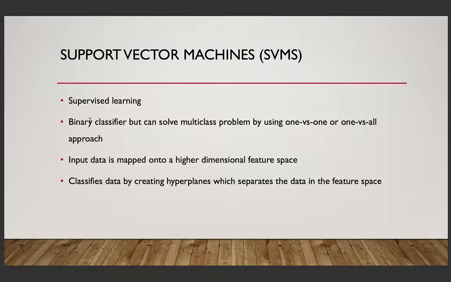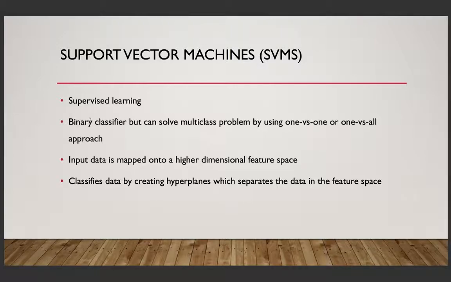The one versus one approach states that for every pair of classes present in our system, we need to generate a classifier, and the input image is tested across each of the classifiers. The final output is determined based on the majority class across all of these classifiers.